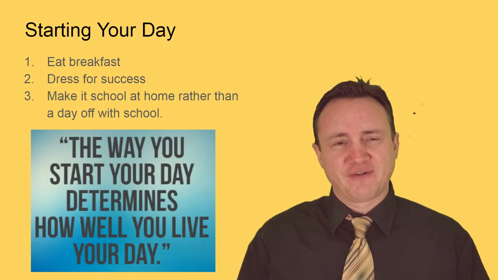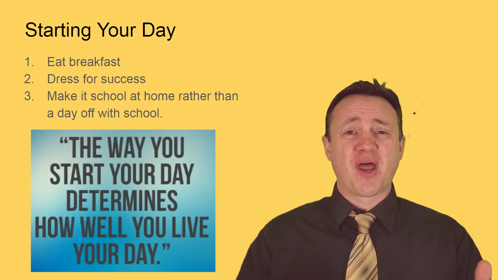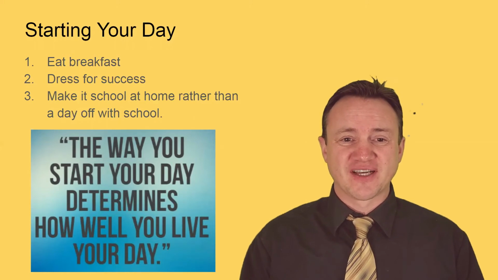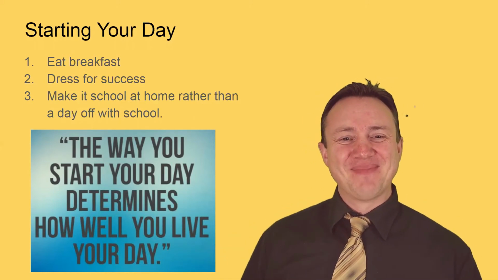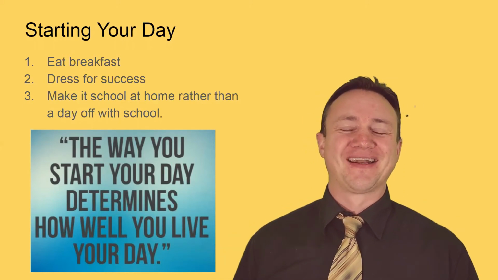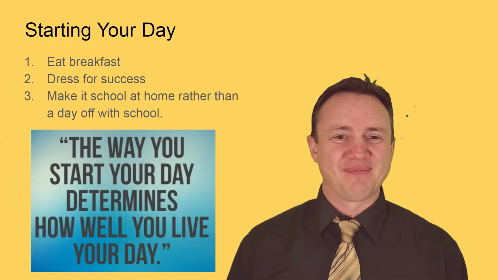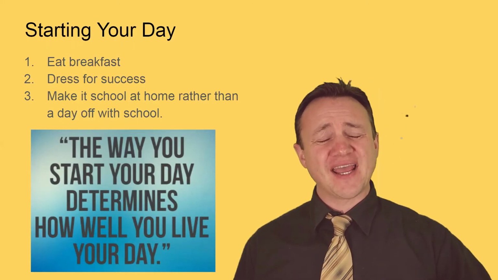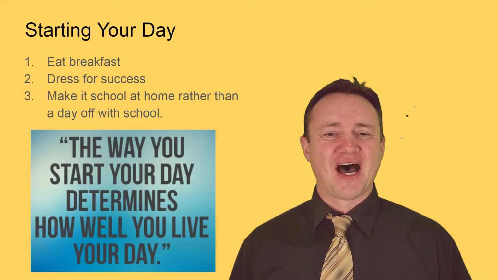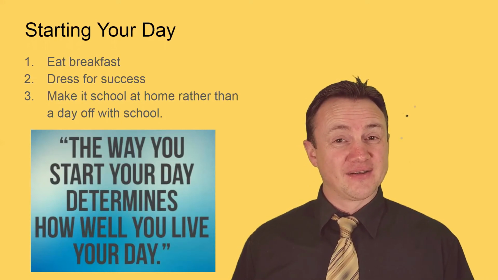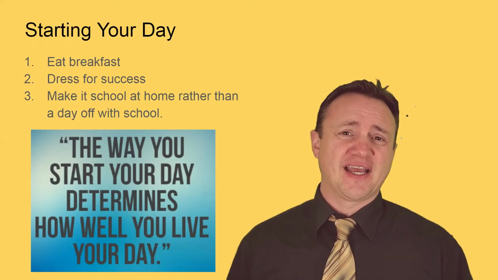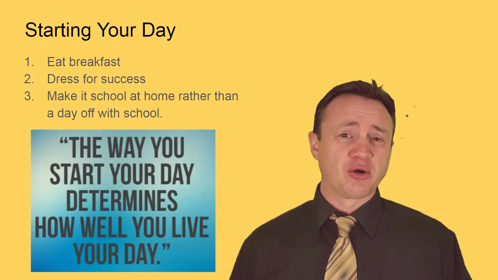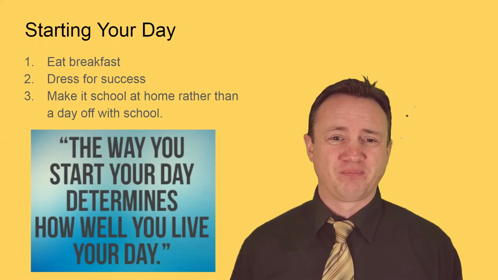But as an everyday practice, perhaps we want to get focused on dressing for success. It makes it school at home rather than a day off from school. Because the way we start our day really determines how well we live the day. So start the day with that routine, and don't get out of that routine because we are at home now.